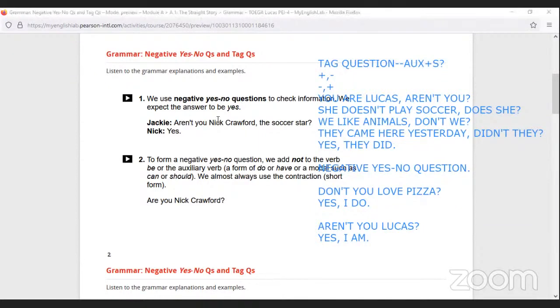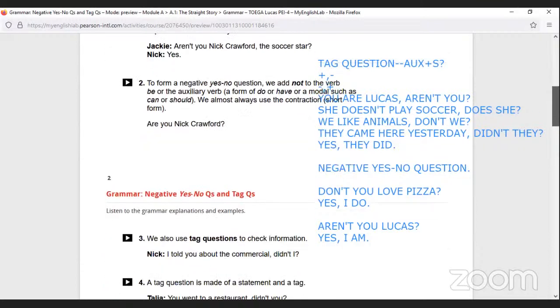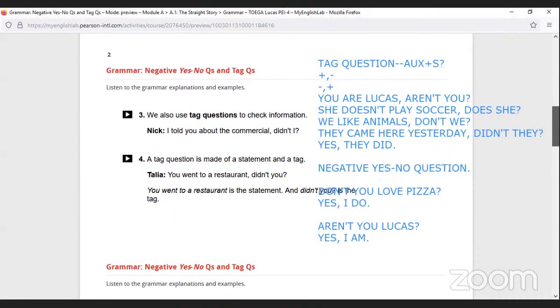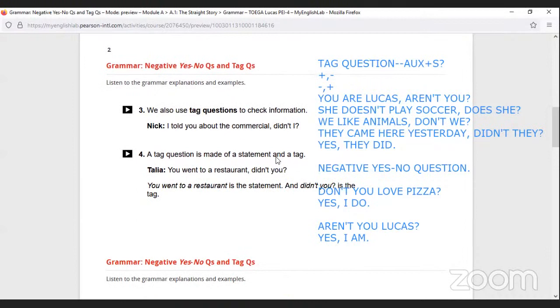So I was telling you here that we have some examples, okay? These are the negative yes/no questions, and we have the answer like yes, or maybe the complete answer, yes, I am, for example. When we use tag questions, it is always at the end.